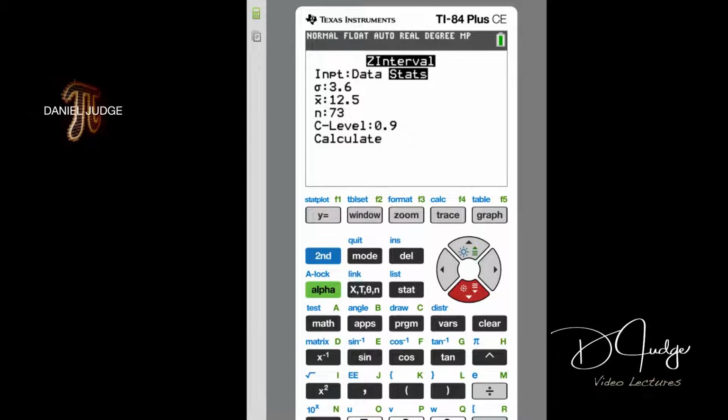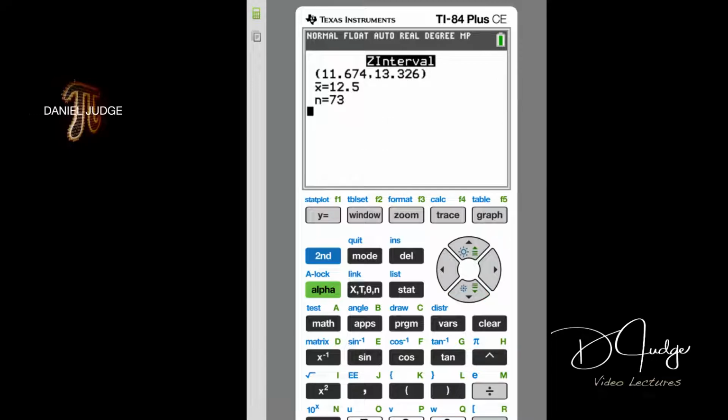Confidence level is 0.95. We're going to calculate that. Okay, remember, I think they went out to the nearest tenths on this one when I looked at the solution. So let's go to the tenths here. The lower bound is 11.7, looks like. And the upper bound, if we go out to the nearest tenths, is 13.3. You say this with 95% confidence.